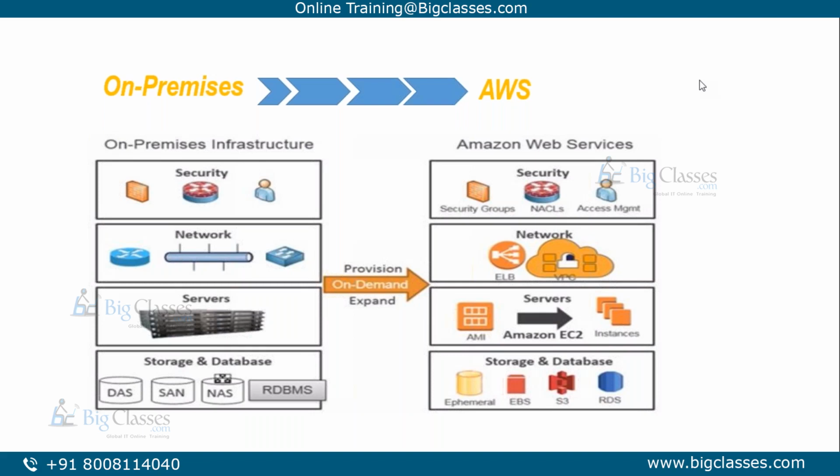The similar things AWS already has. The only thing is the firewall rules are called security groups, and the router level settings and everything we manage on-premise, we manage using NACLs, security, and routing tables.